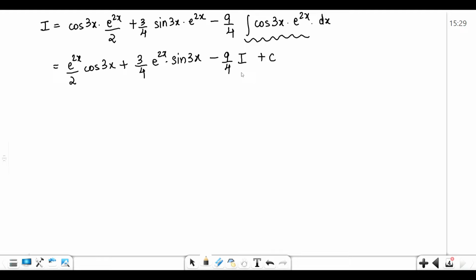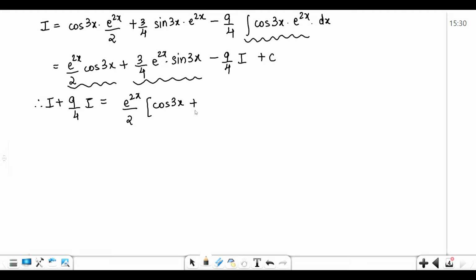Now this minus 9 by 4 I will come on the left side, that becomes plus, so I plus 9 by 4 I will be equal to, and from these two terms we will take common. What common we have? e raised to 2x upon 2 we have, so we can take that, and what we are left with is cos 3x plus 3 by 2 sine 3x.